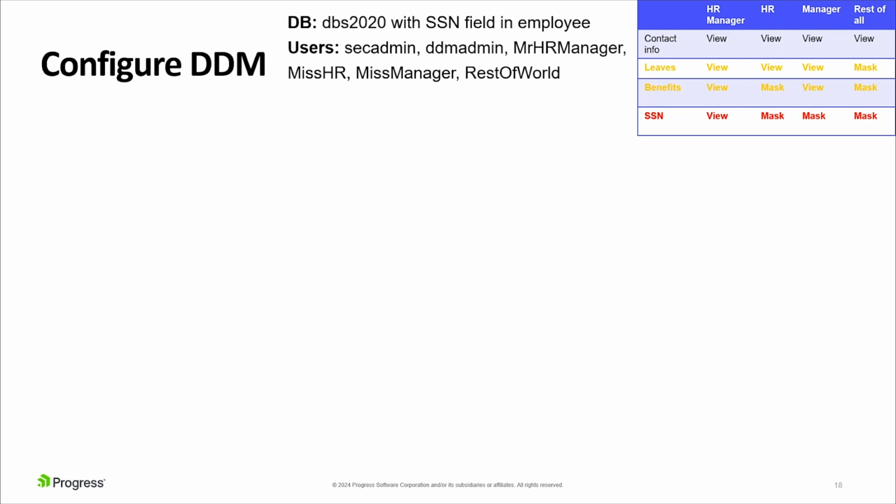We have added an SSN field in the employee table and also added these users into this database: security admin, DDM admin, Mr. HR manager, Miss HR, and the rest of the world. The rest of the world represents all the other users in the system. Now let's start configuration on this database. So step one, enable DDM on this database.